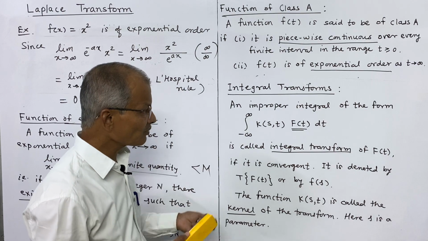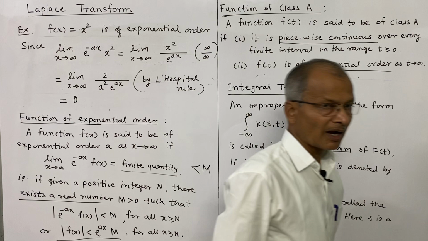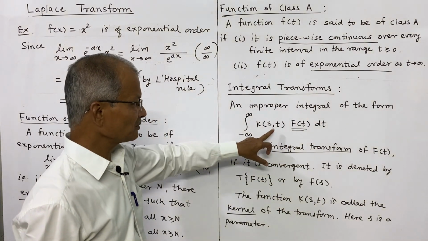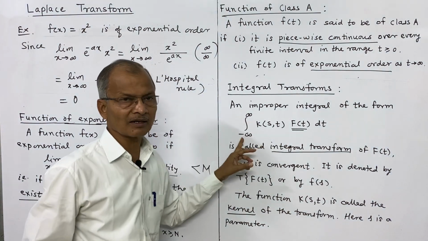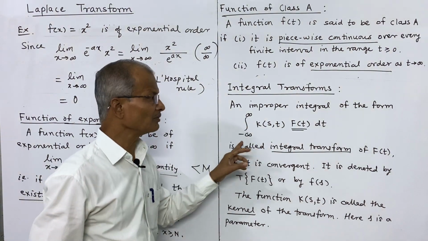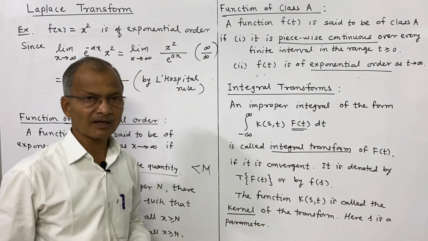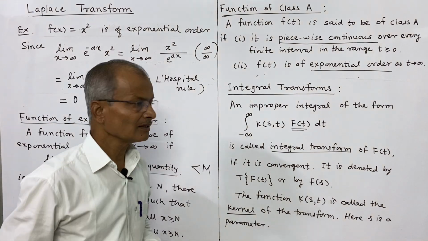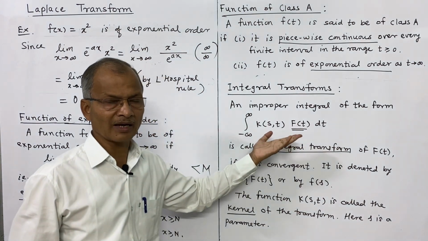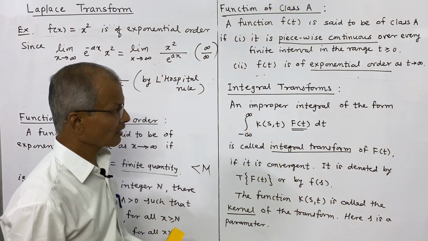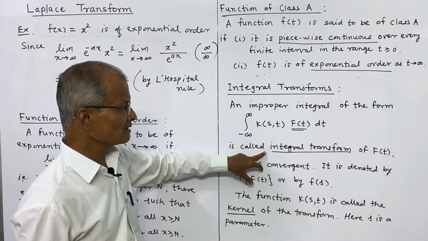That means it is a transformation or change of function using the integral, and not only the integral, but it is first multiplied by this function k of s comma t, and then integrated in the range minus infinity to infinity. Why is the integral called improper? If the range of integration is infinite, then the integral is improper, or if the function is infinite, then also we say the integral is improper, and therefore this improper integral is known as integral transform.